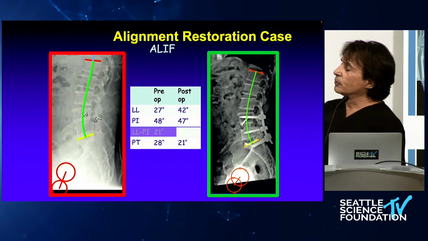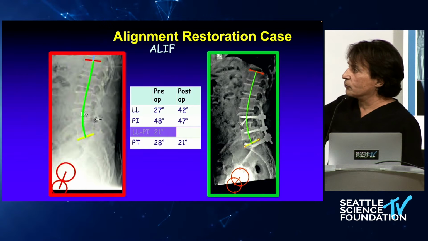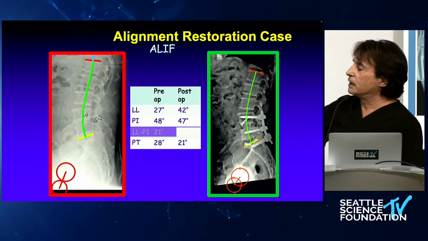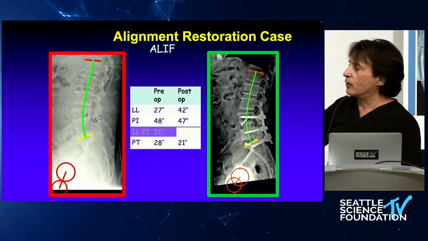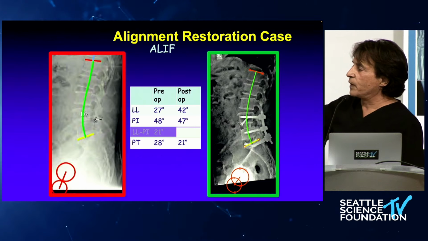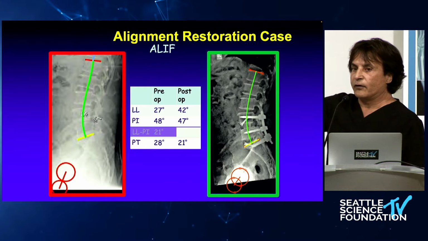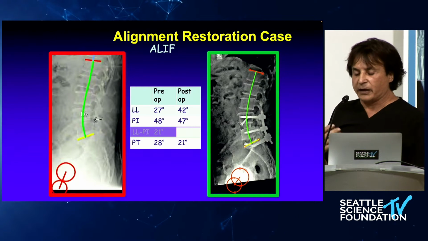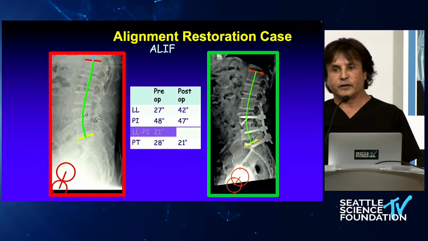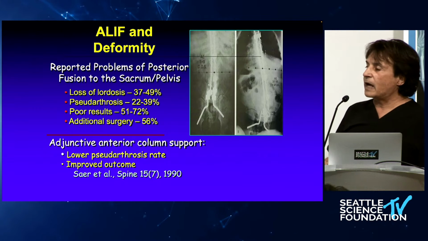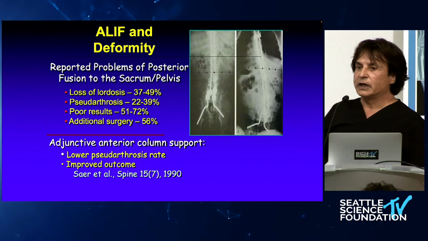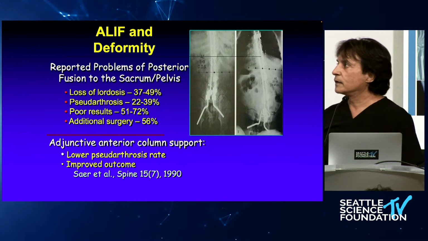And this has been shown in numerous papers that you can restore it most effectively, and you restore the spinal-pelvic relationships most effectively by dealing with L4-5 and L5-S1, and again, most effectively from an anterior approach, as compared to a posterior approach, even dealing with the anterior column.